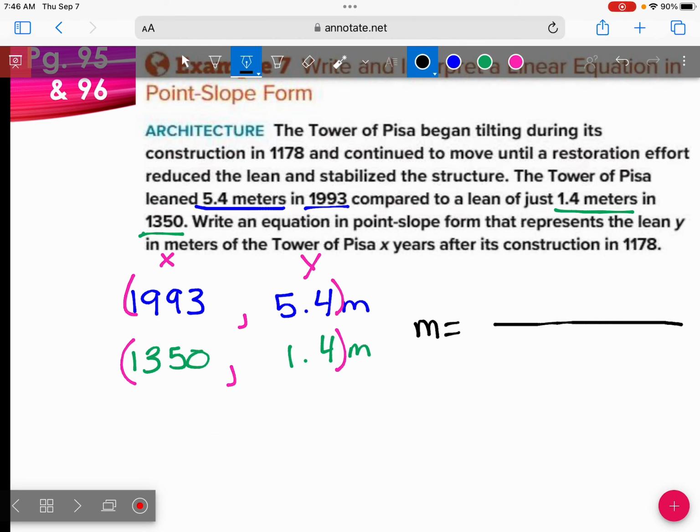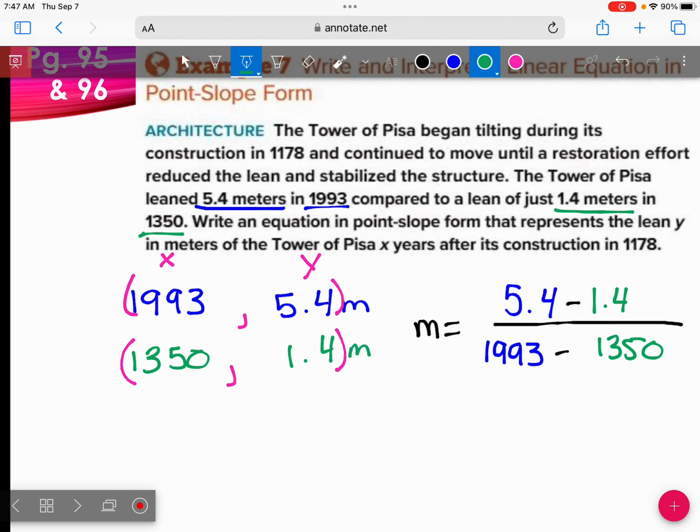Because I have 2 points, all I need is a slope, and I can get myself an equation. So what's going to go on the top of my slope equation? 5.4 minus 1.4. And what goes on the bottom? 1993, exactly right, minus 1350.